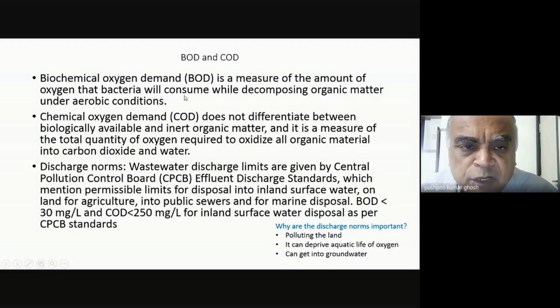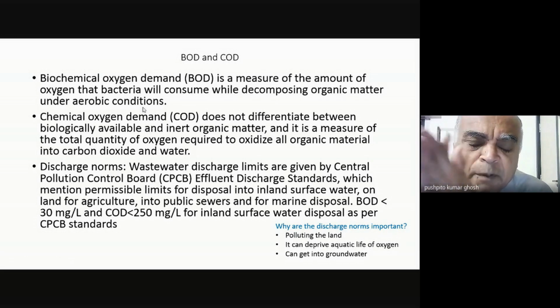Let's look at what is the definition. The biochemical oxygen demand is a measure of the amount of oxygen that bacteria will consume while decomposing organic matter under aerobic conditions. Most of our effluent treatment plants work under aerobic conditions, where you keep sparging air through the system.